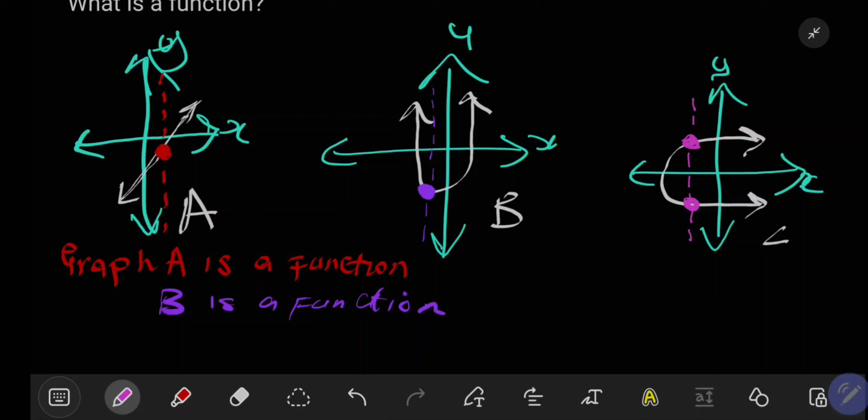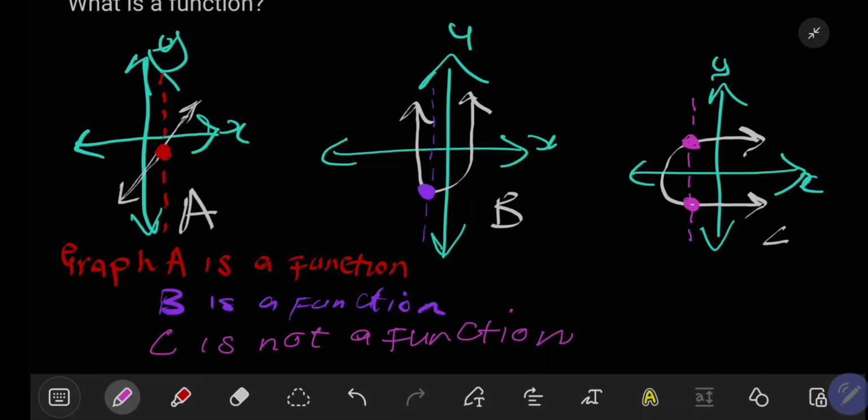If a vertical line, or a line drawn parallel to the y-axis, cuts the graph more than once, then that graph is not a function. So graph C is not a function. Why? Because the vertical line touches the graph more than once. So we know that a function is a graph whereby the vertical line touches the graph once.